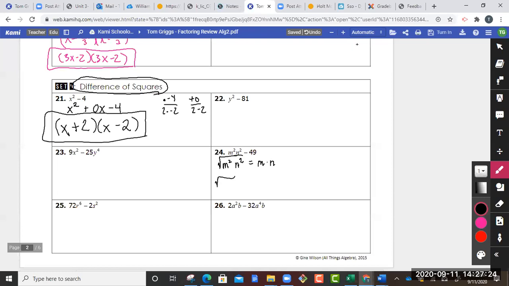And here's one thing to watch out for. You're taking the square root of the positive number. So even though you see the minus 49, we're actually taking the square root of positive 49. No i's today. Square root of 49 is 7. So your two factors will be conjugates made up of these terms. So mn plus 7, mn minus 7.